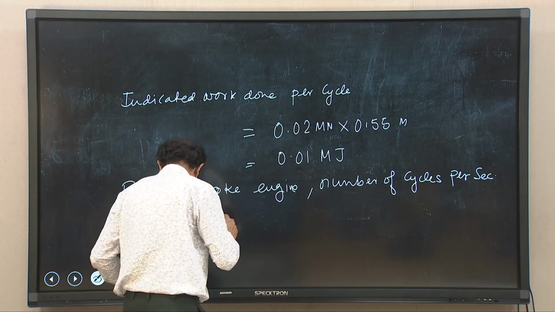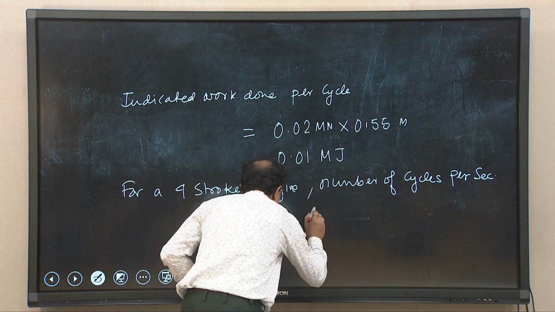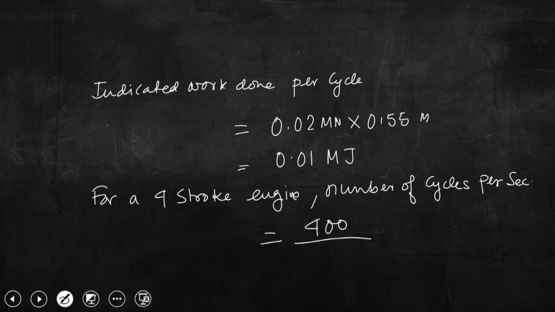So, if we calculate this, RPM is 400 divided by 60, that is RPS, into 1 cycle per 2 revolutions. So, revolution per second by revolution, that is 1 upon second. So, that is 3.33 per second.